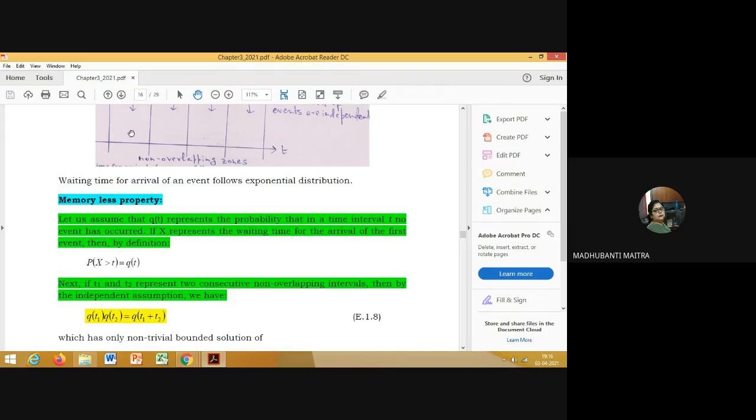So let's consider this time interval, and qt is representing the fact that in this time interval, no event has occurred. Under such situation, if x be a random variable which represents the waiting time for the arrival of the first event, then by definition, probability that the random variable x will be greater than t is equal to qt.